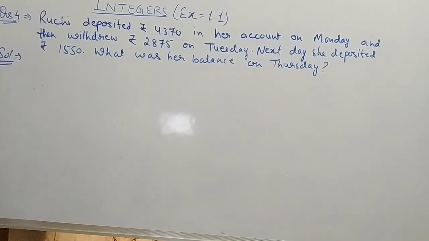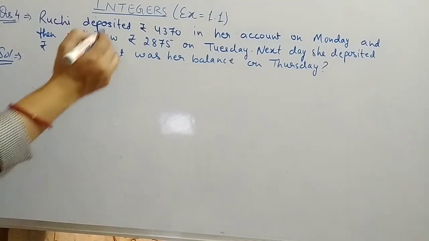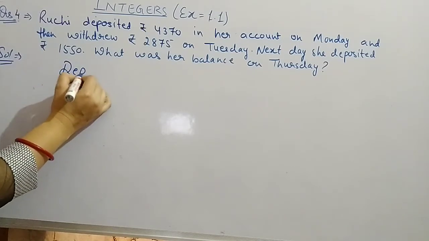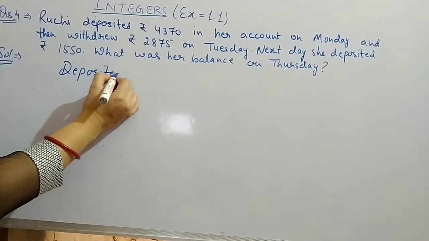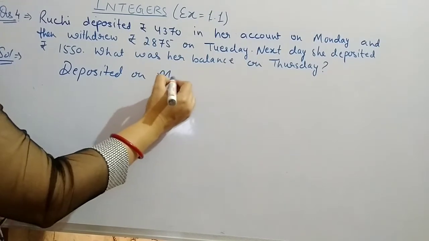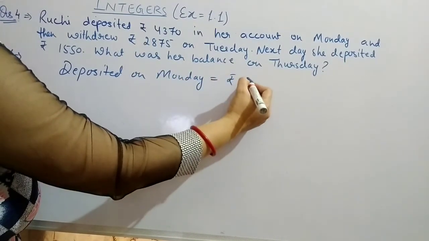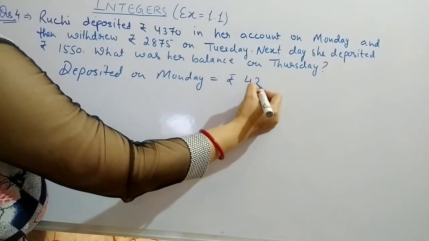Next, question number 4. Ruchi deposited 4,370 rupees in her account on Monday and then withdrew 2,875 on Tuesday. Next day she deposited rupees 1,550. What was her balance on Thursday? So first she deposited on Monday rupees 4,370.